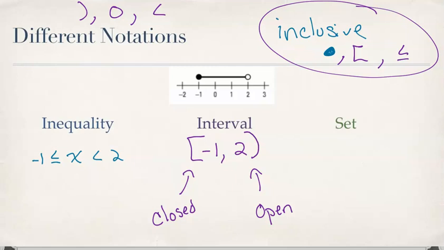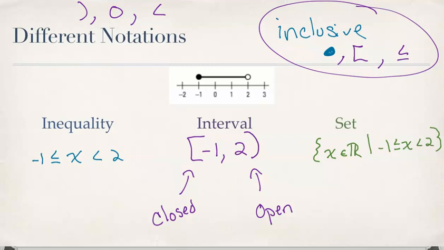Set notation is just a fancy way of writing inequality notation. Set notation is just determining the set that you're drawing from. So for this one, we would say we are looking at all the x's in the real numbers such that this inequality is true, such that x is greater than or equal to -1 and less than 2.